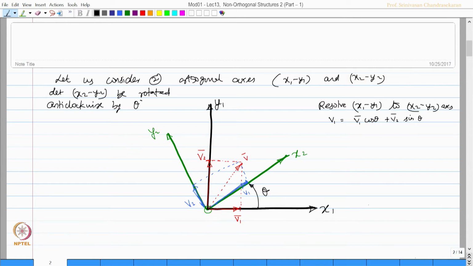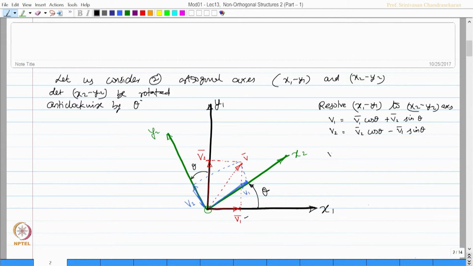Similarly, V 2 can be said as V 2 bar cos theta, because this angle will also be theta, minus V 1 bar sin theta, because the component of V 1 bar will be opposite to V 2.